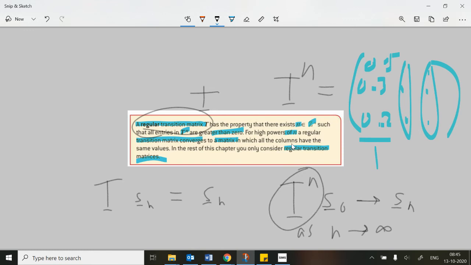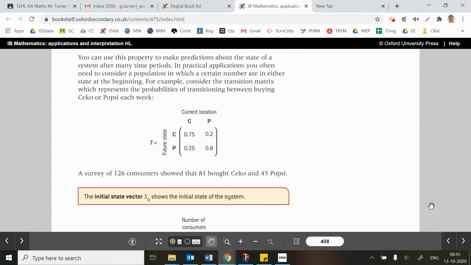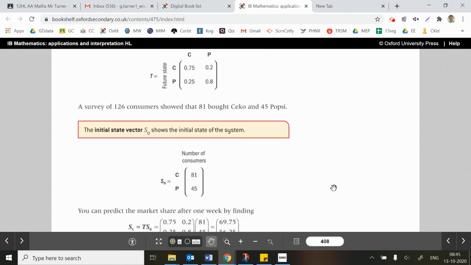So if we apply T^n to our initial state vector many times over, we will tend towards our steady state vector as n becomes larger. And if we already have our steady state vector, then when we apply T one more time, we should continue to get our steady state vector, as long as we have a regular transition matrix. Now, what I'm talking about there is another box which is given, talking about the initial state vector.